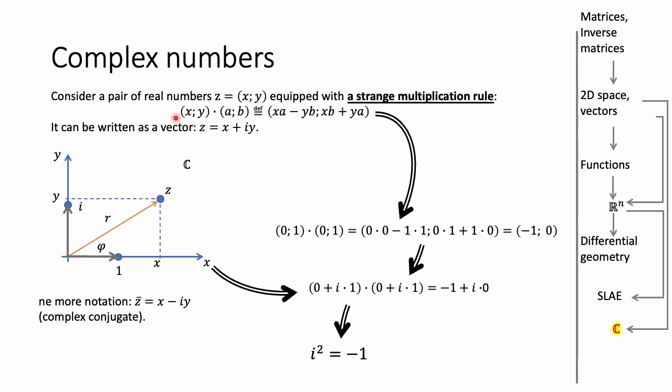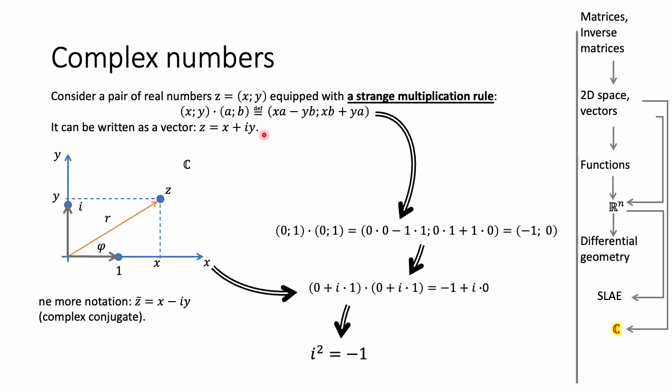Now, from this definition of the multiplication for the complex number. Oh, by the way, the plane itself, in case of complex numbers, is called C, capital bold C. So the rule of multiplication for complex numbers demonstrates a peculiar property.